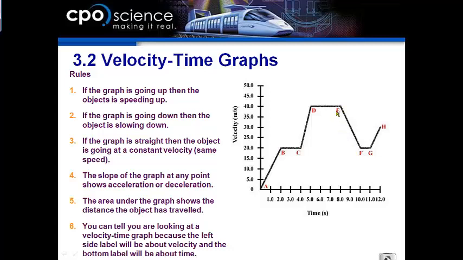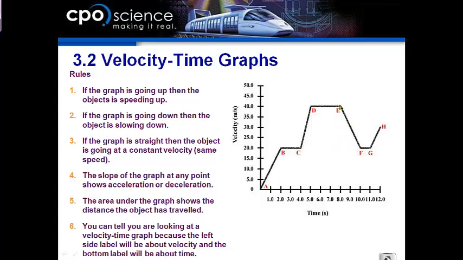You're going from 40 to 20, so 20 minus 40 is negative 20 meters per second, divided by the time, which again is 2 seconds. So you've got negative 10 meters per second squared. You've got a negative slope, so you're slowing down.